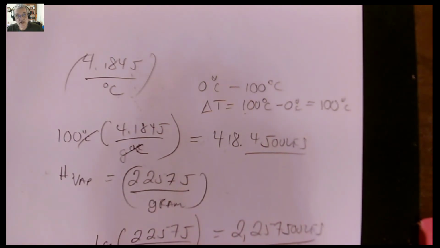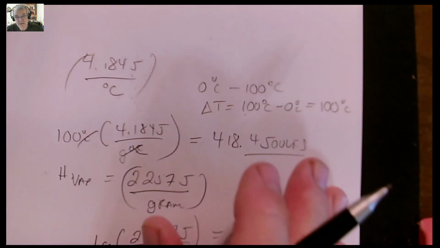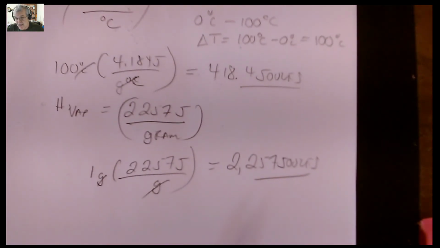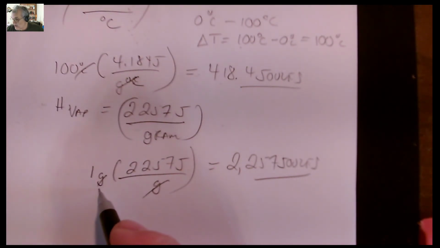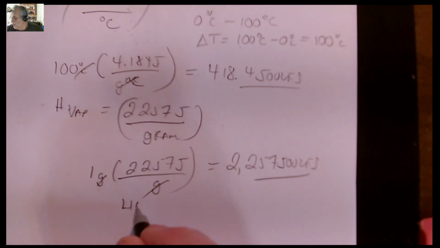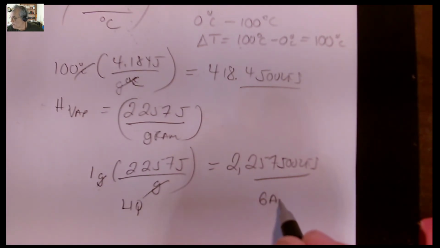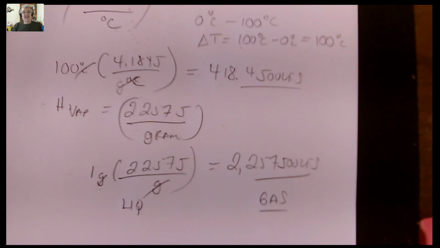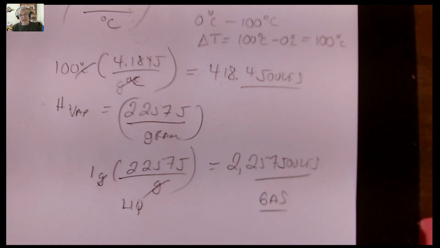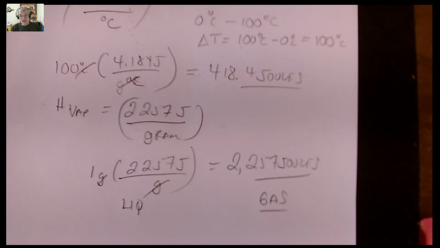to take water at the same temperature, 100 degrees, and get it from the liquid phase to the gas phase. That's how much energy it took. It takes over 5 times as much energy to get water at the same temperature, 100 degrees, from the liquid phase to the gas phase as it does to get it from 0 degrees Celsius to 100 degrees Celsius.